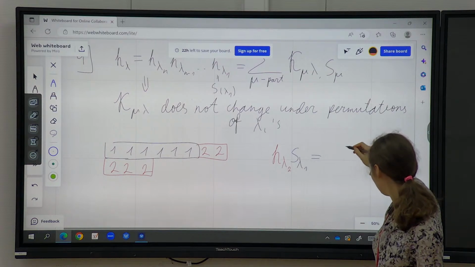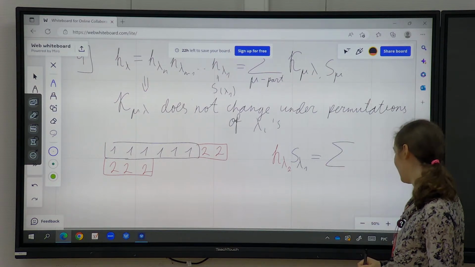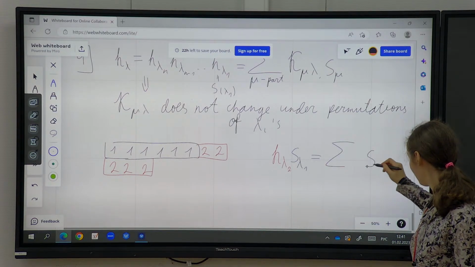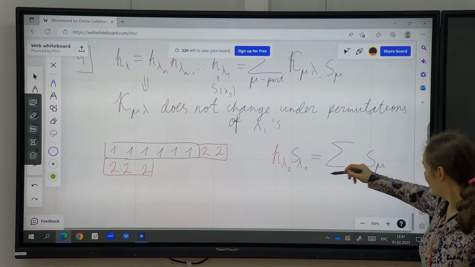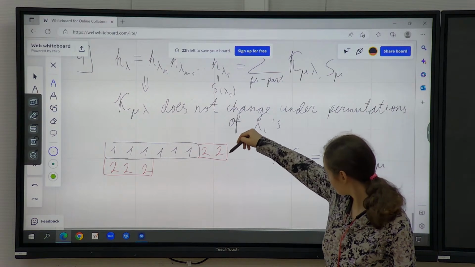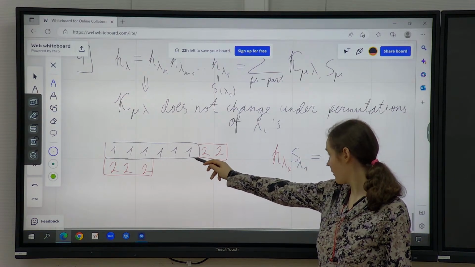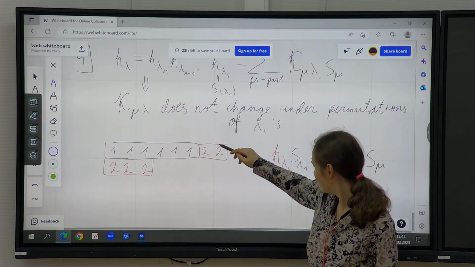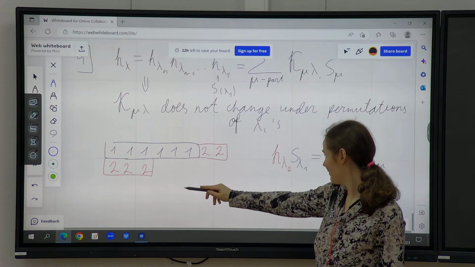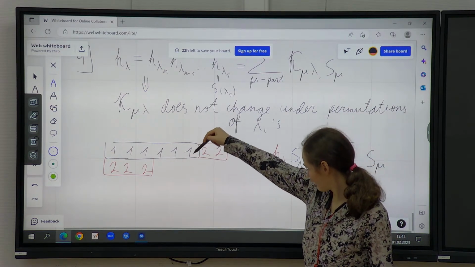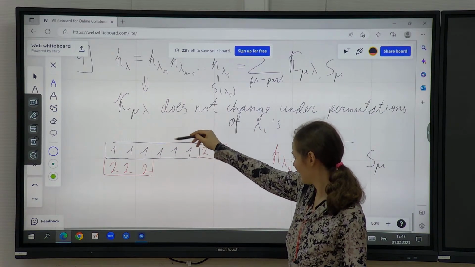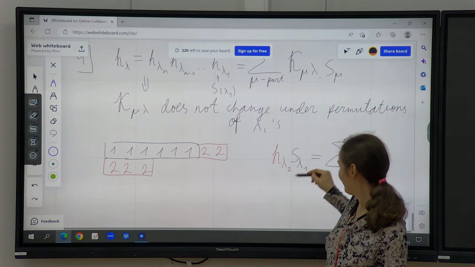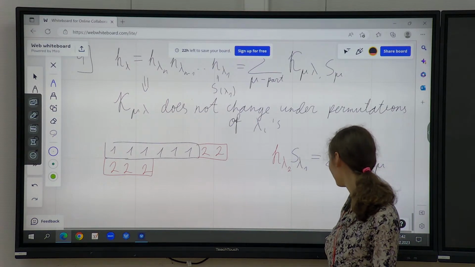And it is expressed as some sum of s mu's, where mu goes over all these Young tableaux with ones and twos, with lambda 1 ones and lambda 2 twos.